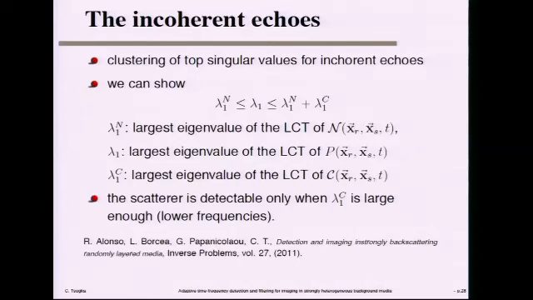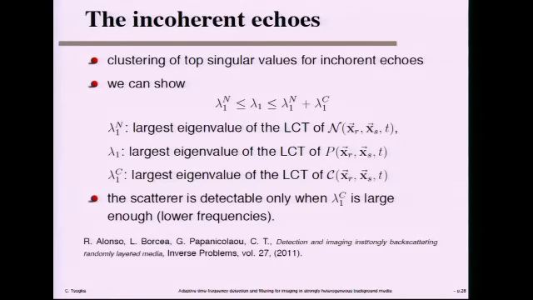If I call lambda 1 n the largest singular value of the matrix that corresponds to the noise, and lambda 1 c the largest singular value of the matrix that corresponds to the coherent part, then I have this relation. What I observe, lambda 1, is the singular value for p.